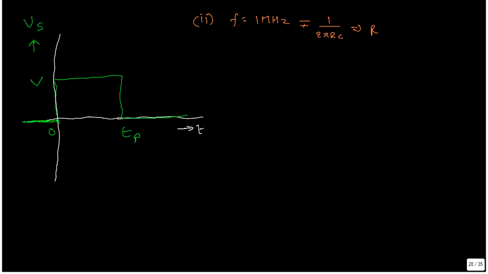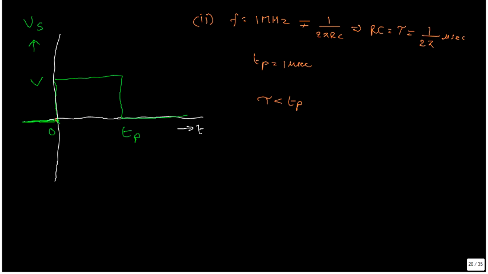From this, RC means tau, which you can write as 1 by 2 pi into 1, so 1 by 2 pi microseconds, and Tp is constant at 1 microsecond. Again tau is small compared to Tp, and Tp is greater by 2 pi times. Pi is 3.14, so 2 pi is 6.28.